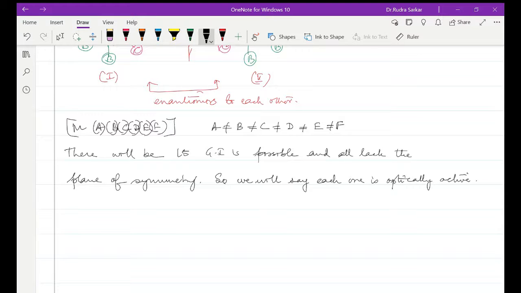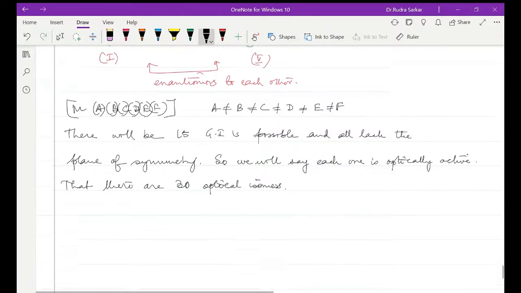That means there are 30 optical isomers, or 15 pairs of optical isomers. Okay, that is what can be said.